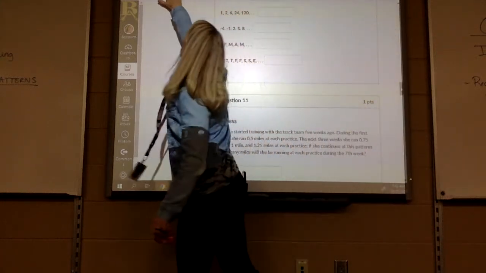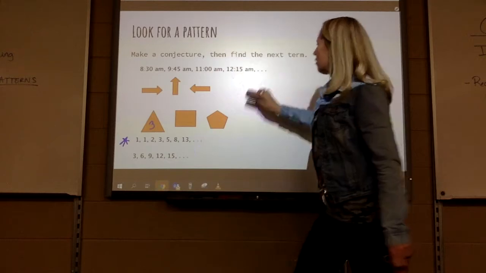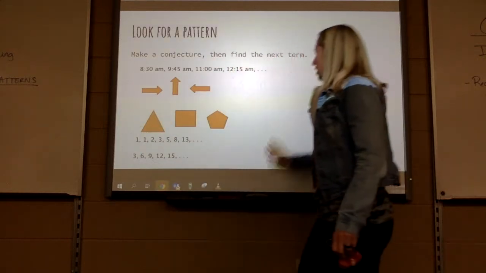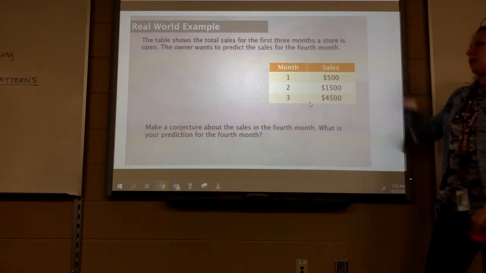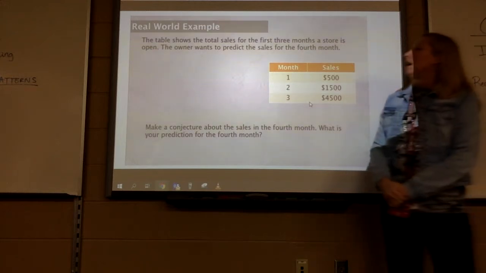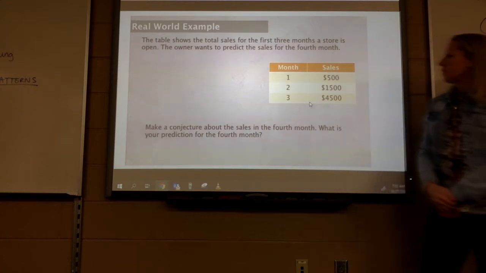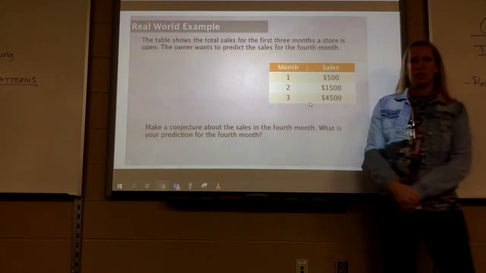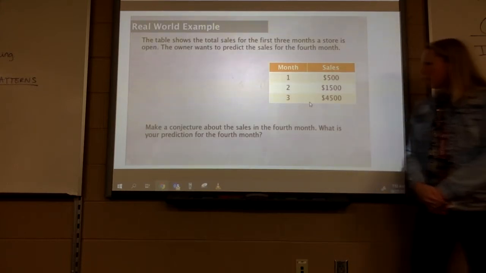We will have a couple of word problems. There is something we're going to have to learn how to do on the calculator. Let's look at this one really quick, because you will have a couple of word problems too. This shows the total sales at a store. In the first month they sold $500, the second month $1,500, the third month $4,500.